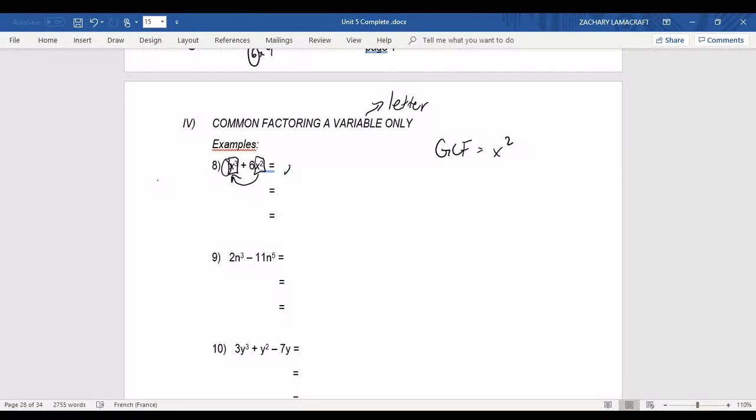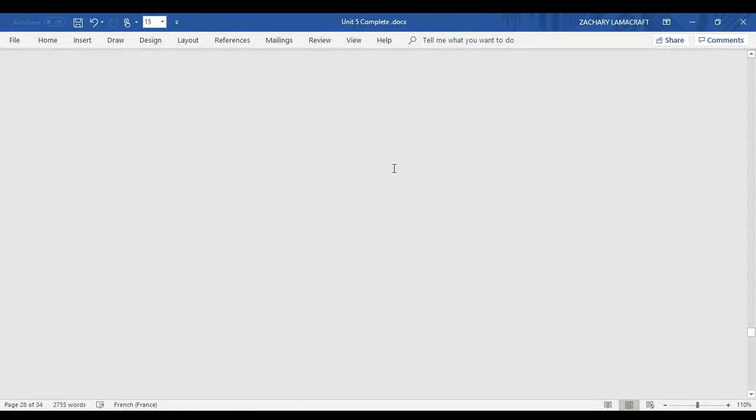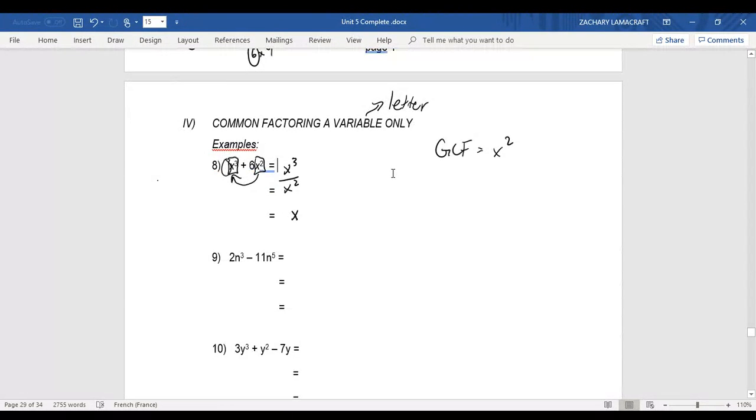If we divide x to the 3 by x to the 2, we know we just subtract, so we would be left with x. And if we did 6x squared divided by x squared, we would do subtraction here, so these two would cancel, and we'd be just left with plus 6.